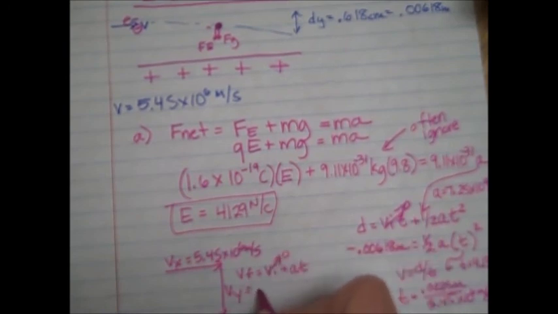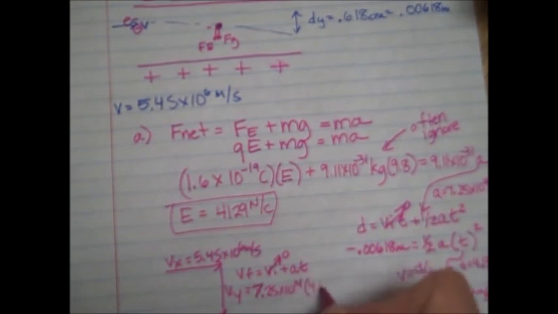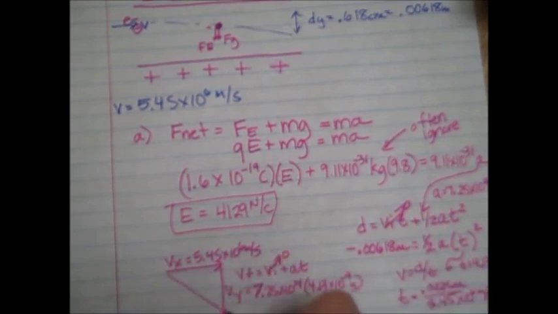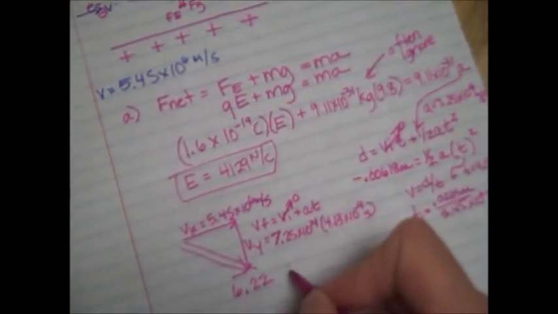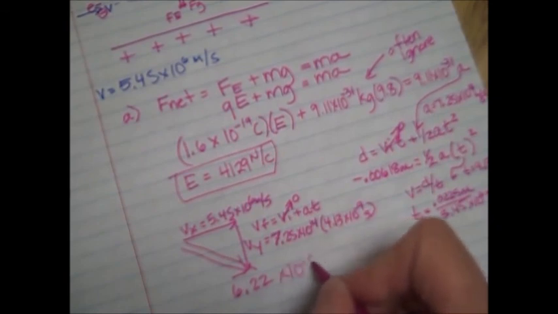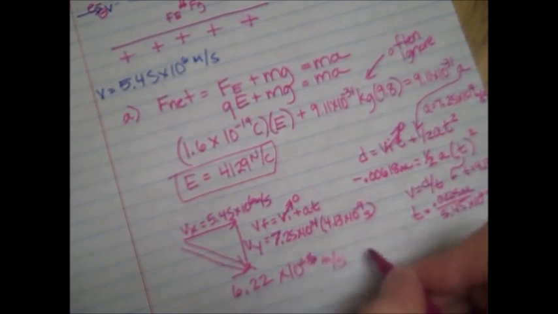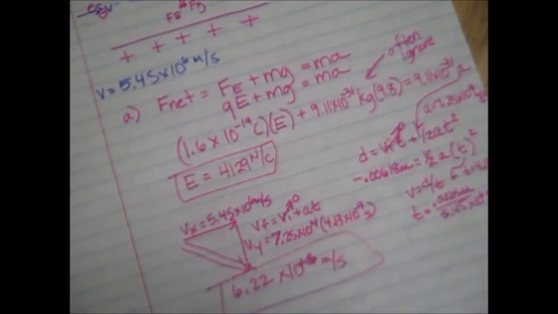This would be 7.25 times 10 to the 14 times time, which is 4.13 times 10 to the minus 9. And then to find the resultant, when I got the overall resultant, I said it was 6.22 times 10 to the positive 6 meters per second. And it had just asked for the speed, so that just says magnitude. So that's good to know.